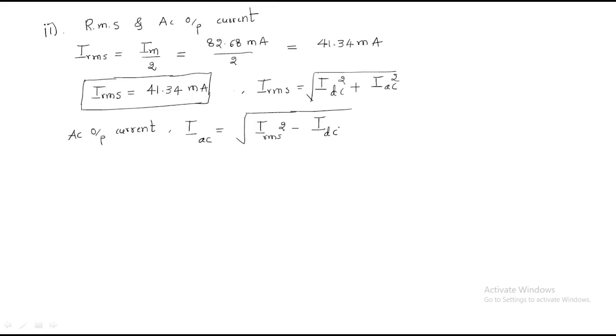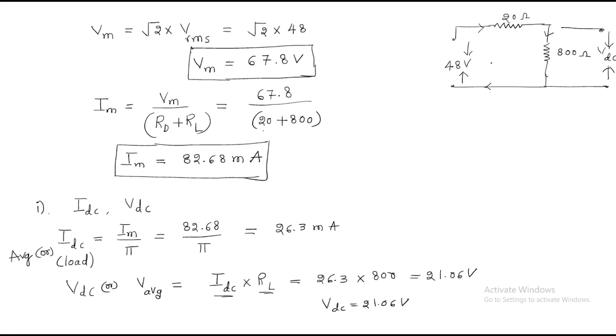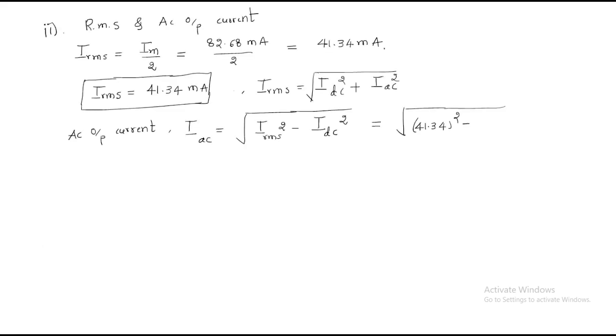So the RMS value we have is 41.34, whole squared, minus the average current we already found previously, that is 26.3 milliamps, squared.